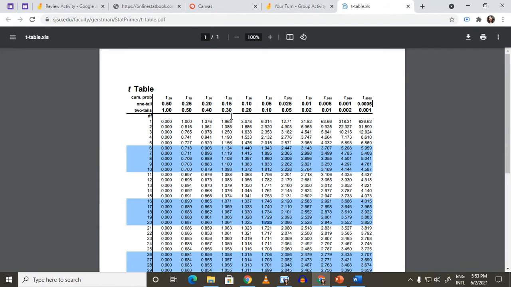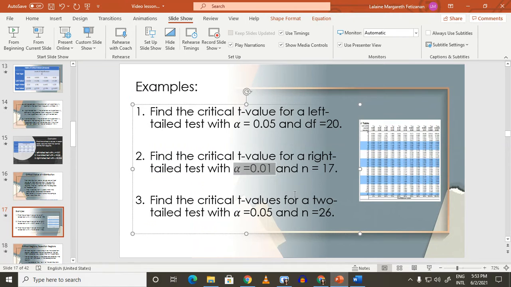Okay, ito yon, one tail. And then, 16 ang degrees of freedom. So, that is gonna be 2.583.